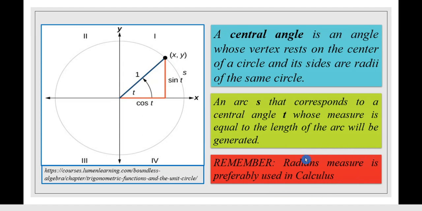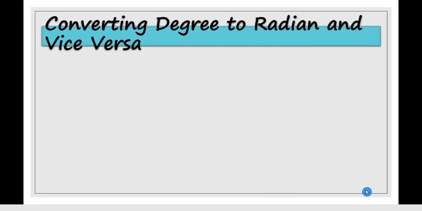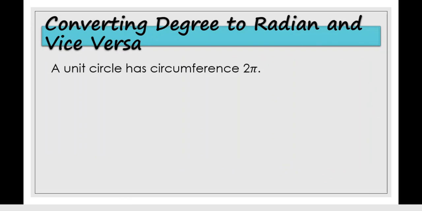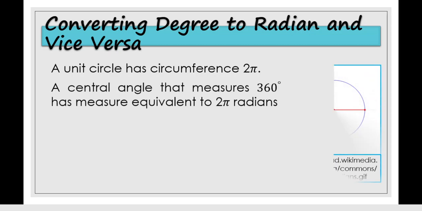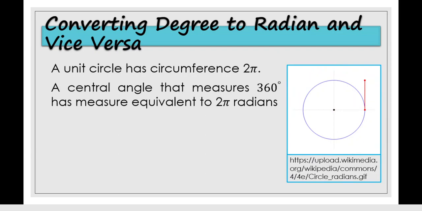So, radian measure will be discussed in this slide. So, a unit circle has circumference 2 pi. A central angle that measures 360 degrees has measure equivalent to 2 pi radians.